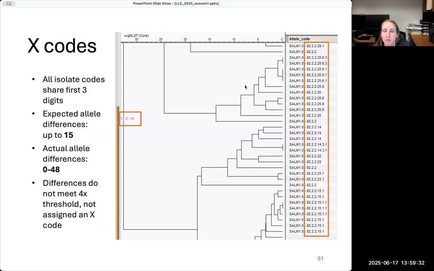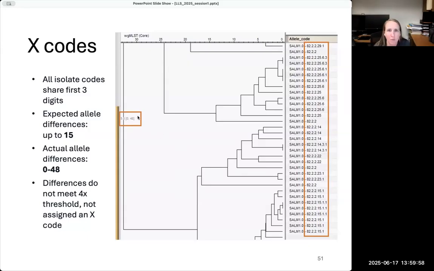But the actual allele differences from this tree are 0 to 48. So they don't match, but they're not given an X code, because it's not 4 times the threshold. If the threshold is 15, 4 times that would be 60, but because the maximum difference is only 48, it's not given an X code. So that's why you still need to check them sometimes.